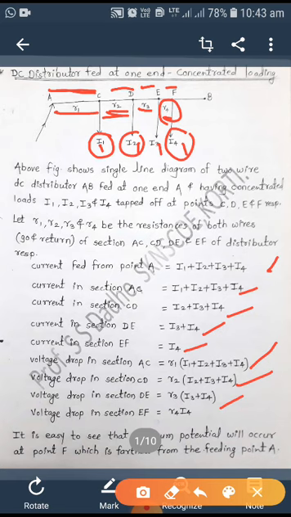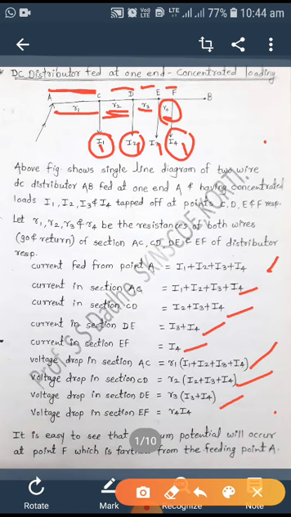Finally, it is very important to find the minimum potential point on the distributor AB. Obviously that minimum potential point will be at point F, because as we are moving away from the feeding point, the value of current goes on decreasing and the voltage drop across each and every section away from the feeding point also goes on decreasing.